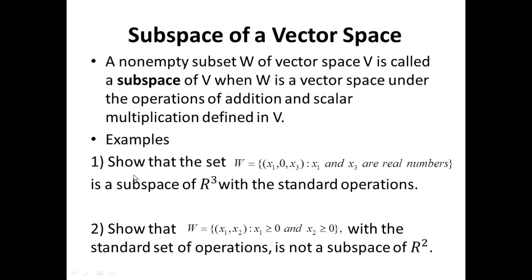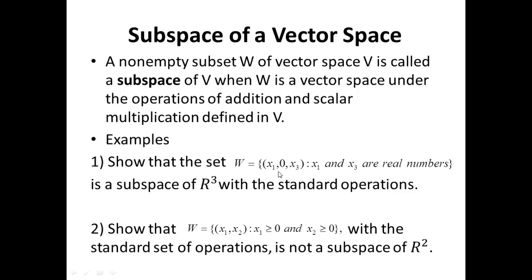For example, let's look at this set right here. W equals the set defined by (x1, 0, x3), where x1 and x3 are real numbers. Is this set a subspace of R3? Realize that W is a subset of R3, the set of all triples.